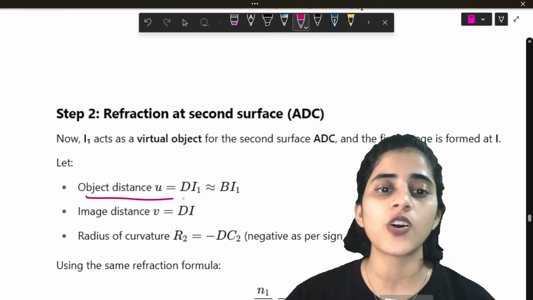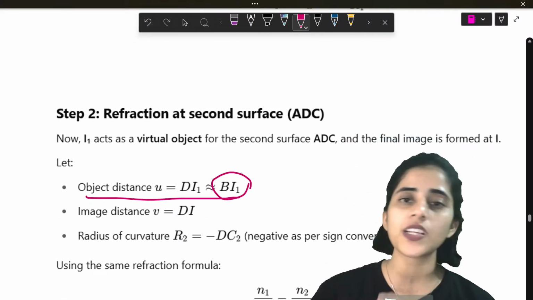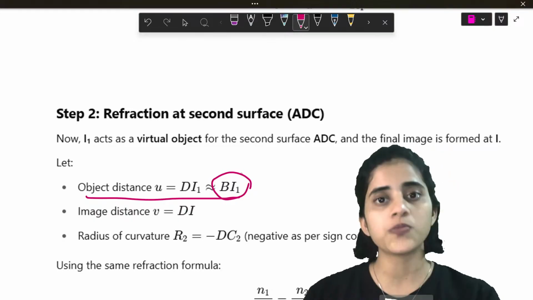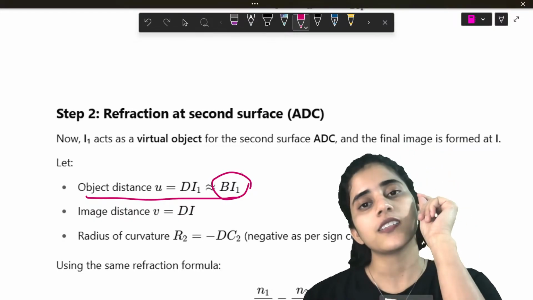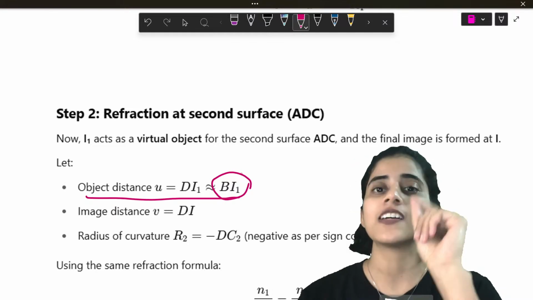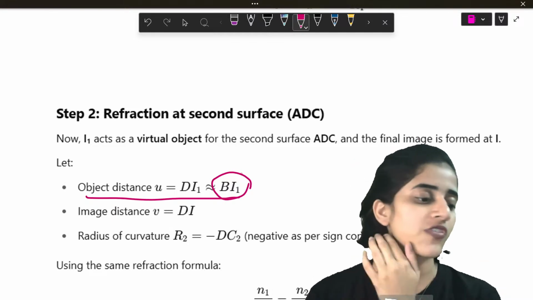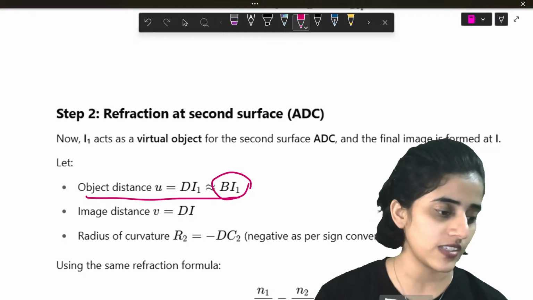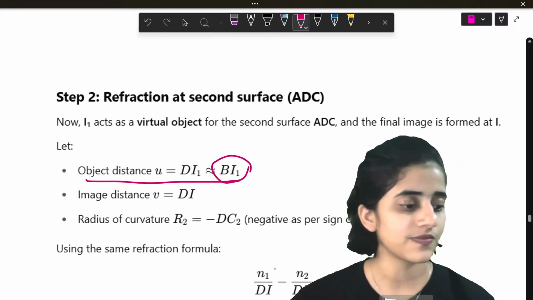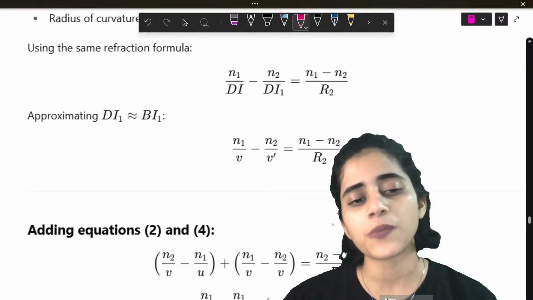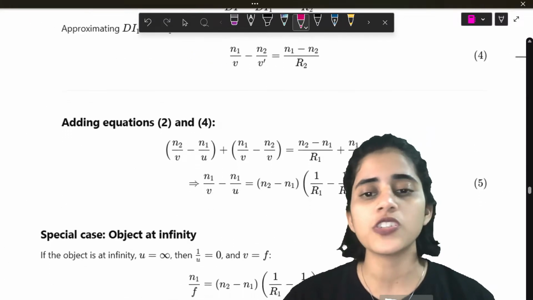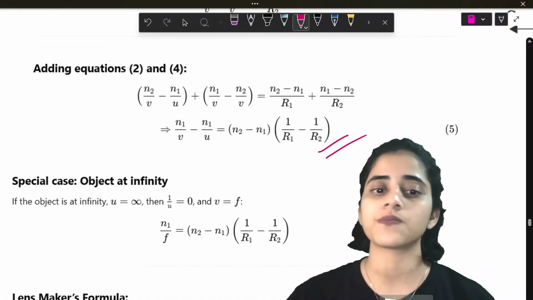So here you take the object as I1. That's the only tricky part here. The image of the first surface serves as the object of the second surface. Then you substitute it in the formula and add the two equations, you will get this final answer.